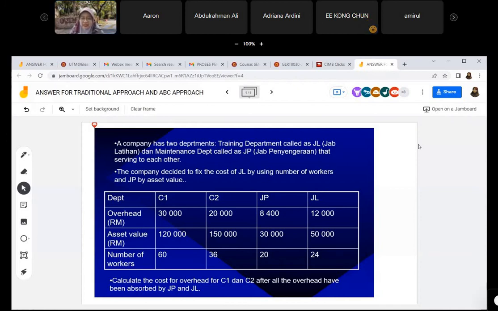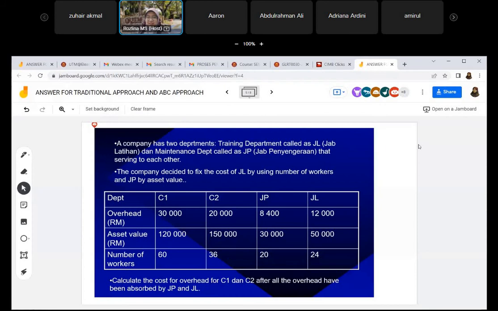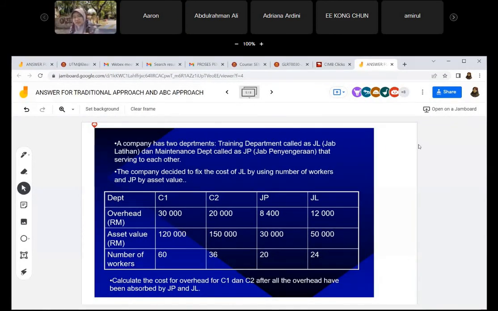Okay, 60. 24 tak kira ke? 24 is not included. Why? Because JL and the cost that is from the JL, number of workers from JL.